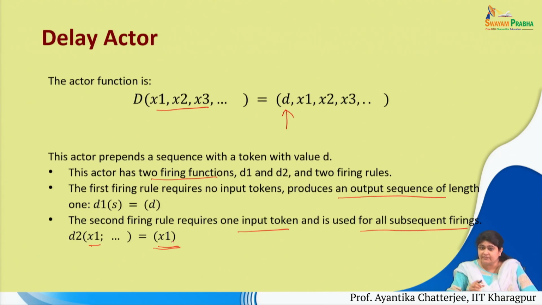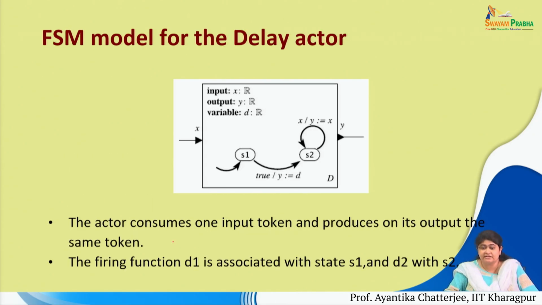This way the function mapping of the actor can be divided into subsequent firing functions. It is important to understand this, because these terms, token, firing of a function, etc., we will be using quite frequently in this discussion.